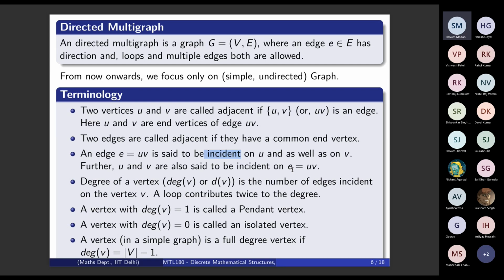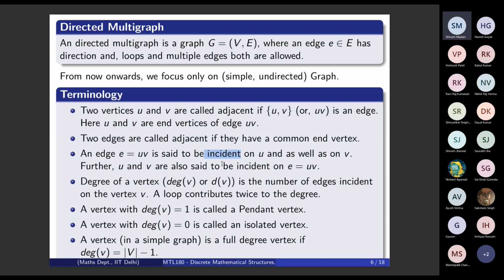Okay, so if E is an edge UV, then we say that E is incident to U, E is incident to V. Also we say that U is incident on E and V is incident on E. Okay, oh sorry, not adjacent, incident. I also sometimes confuse these two terms, adjacent and incident, but you remember that one.